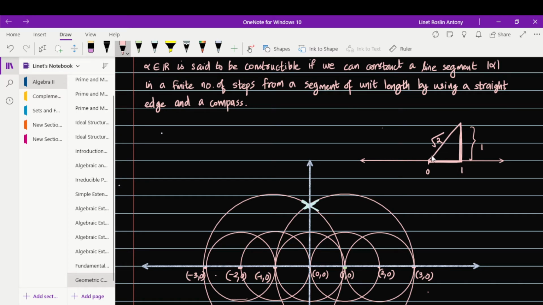So this means that root 2 is a constructible number because we were able to have a line segment with root 2 as its length, and we obtained it from a finite number of steps, starting with a line segment of unit length by using a straight edge and a compass. You can construct this, right? So that's how you can understand that root 2 is a constructible number.